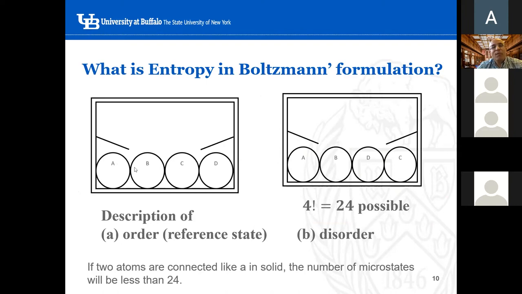And then I have 4 balls in this box, A, B, C, D. So assuming that we are using the English alphabet, these balls are in order, okay? And I shake this box, and then I get the next one, A, B, D, C. This is another possible state, and that is a disorder.